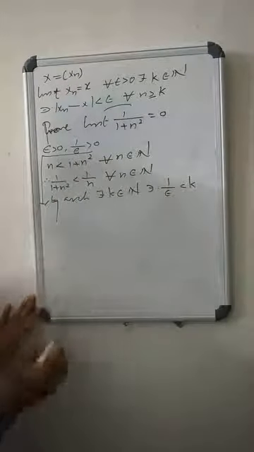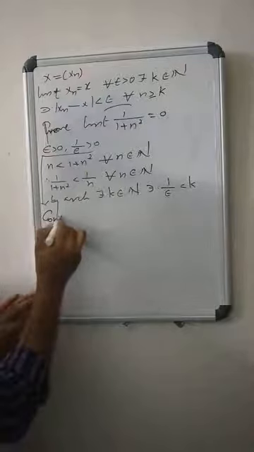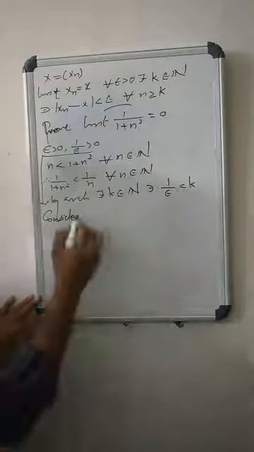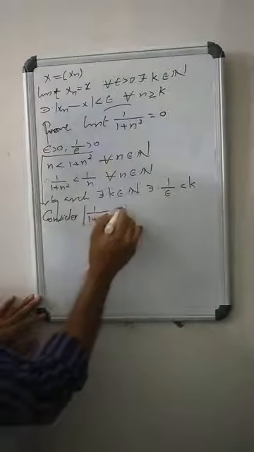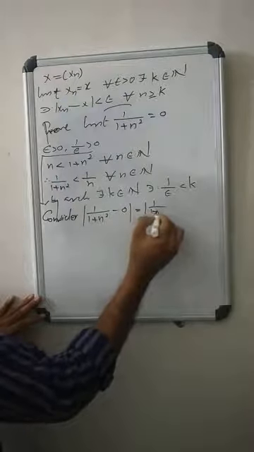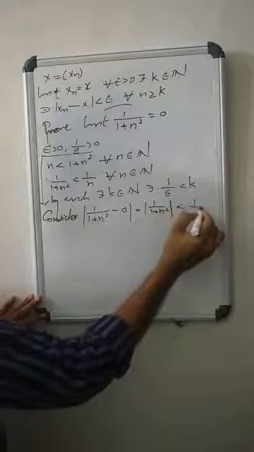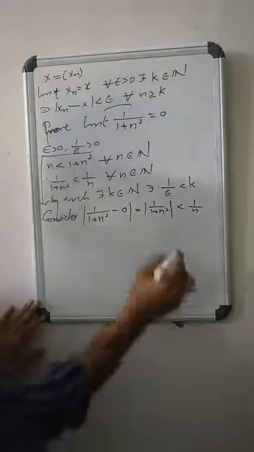In order to show that limit 1 by 1 plus n square is 0, consider modulus of 1 by 1 plus n square minus 0. That equals modulus of 1 by 1 plus n square, but 1 by 1 plus n square is strictly less than 1 by n, since n is a natural number and always positive.